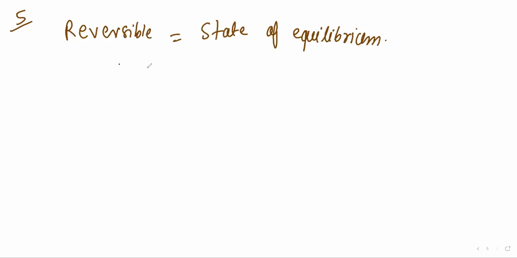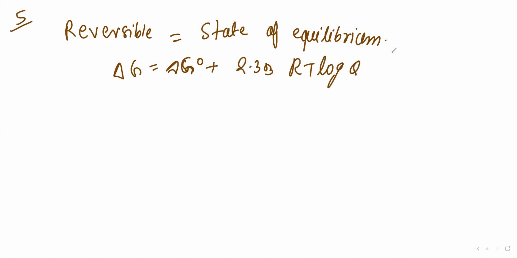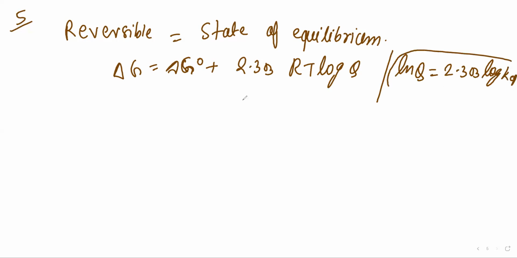It is given by delta G is equal to delta G naught plus 2.303 RT log of Q. When log Q is converted into 2.303 log of K equilibrium, this is the relation between them.